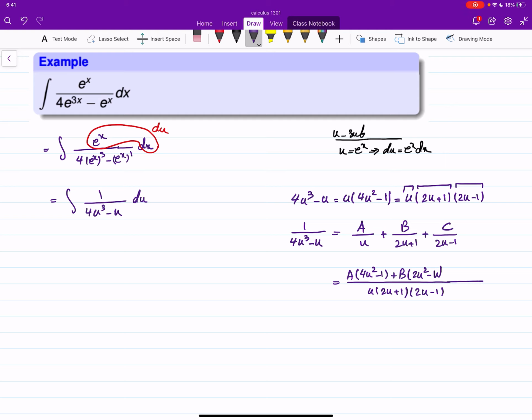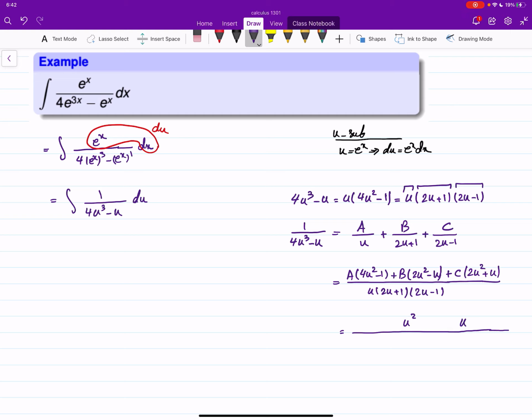And the third one is going to be c times 2u squared plus u. Then I just rearrange the numerator so that the same powers of u are together. So here you see I have 1u squared, there is 1u and there is one constant.